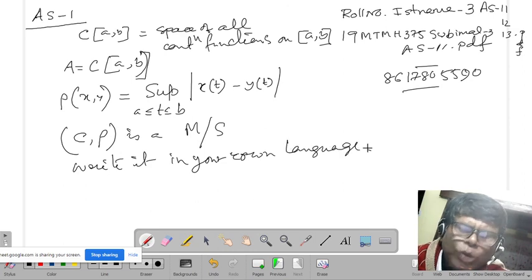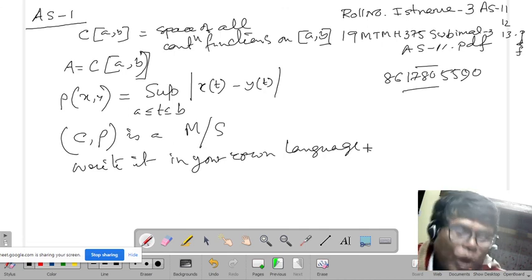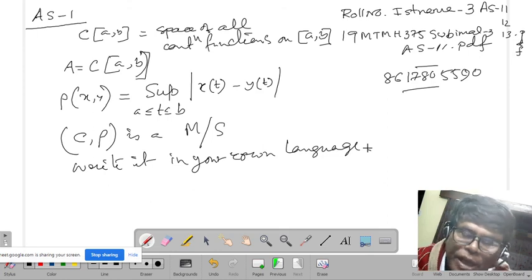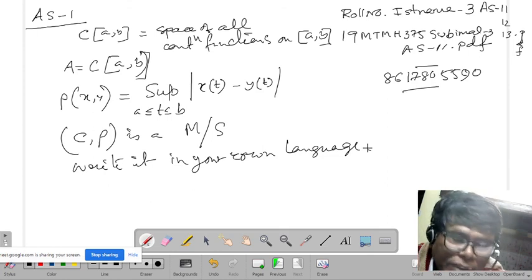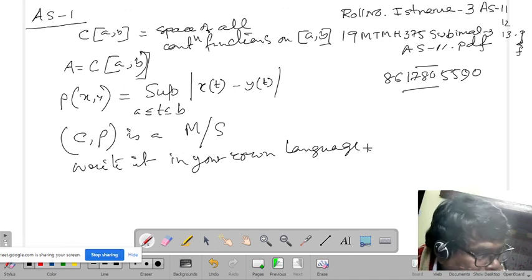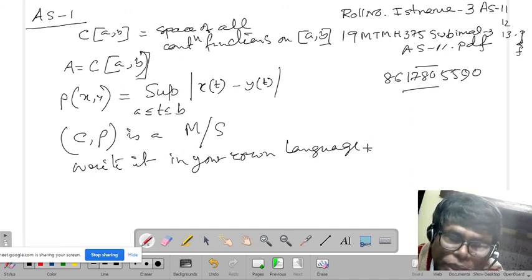Don't copy any book or any notes. You have to write it yourself. I have almost all the books, and I can understand what is written by copying from the book and what is not. Have you got it? I think you have got it.